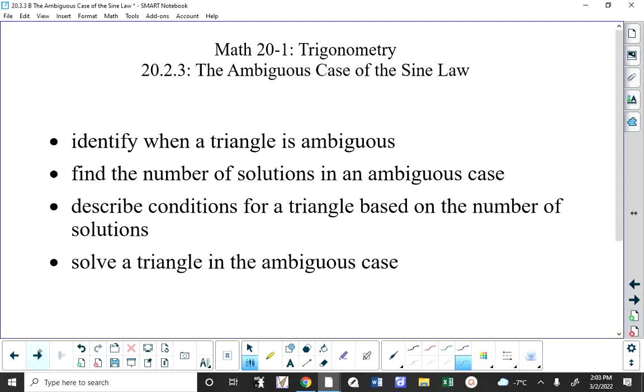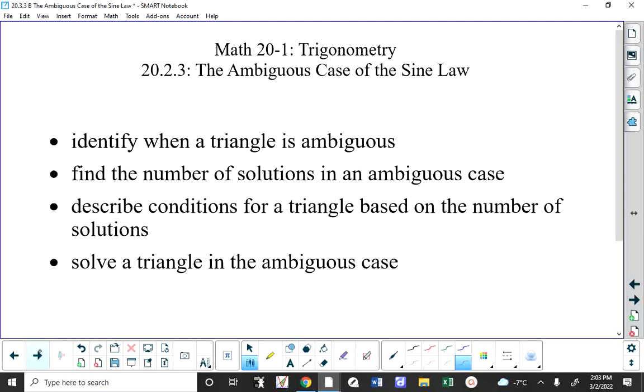And although you need to know this material for the exam in this unit, the likelihood that it would be on the final exam is pretty slim, and you don't need to know this to move on to 30 or to calculus.